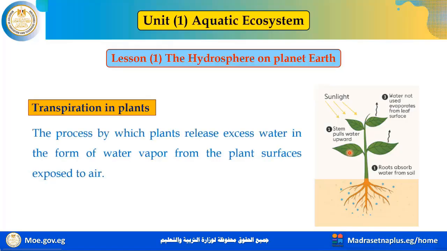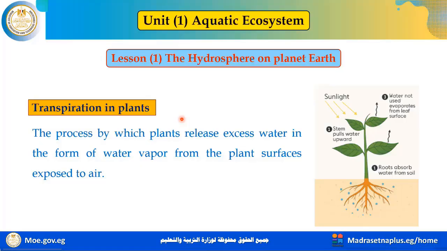So that is the process by which plants release excess water in the form of water vapor from plant surfaces exposed to the air. This process is called transpiration in plants.